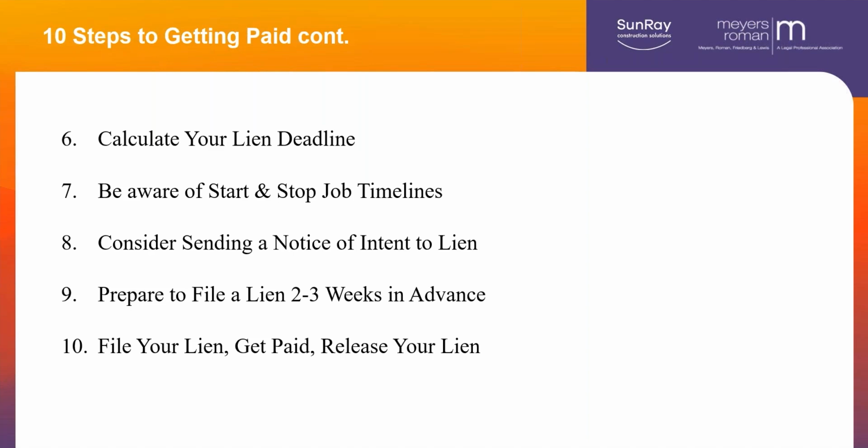Prepare to file a lien 2 or 3 weeks in advance. If you're going to do it yourself, that's great, but you don't want to be looking at the very last minute to find that notice of commencement again if you didn't already have it, to find the legal description, to figure out where the legal description is. We had one the other day. Client gave us an address to file a lien.